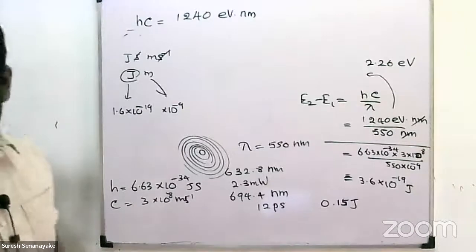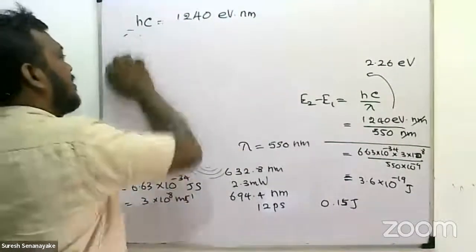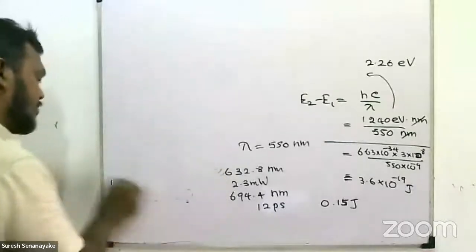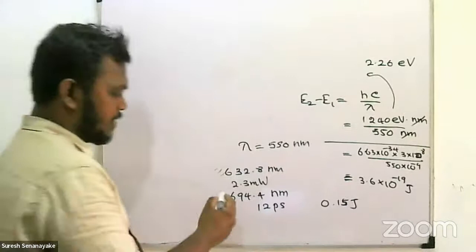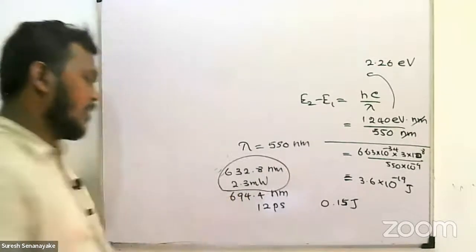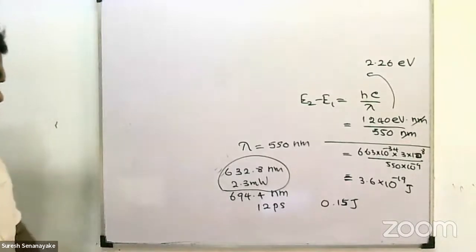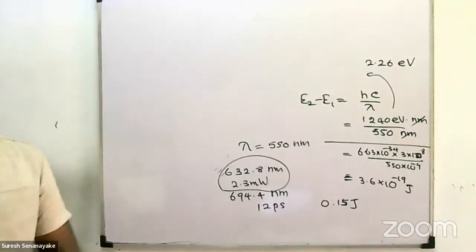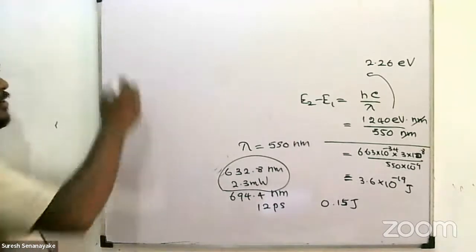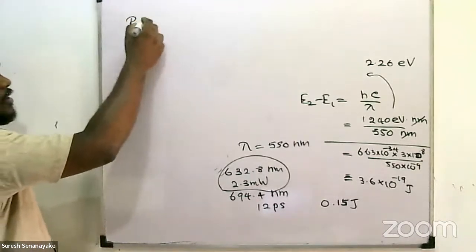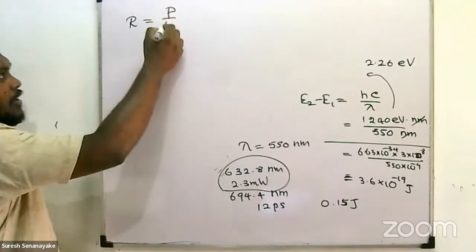That was the first. Next, the rate of photons. These are the values given: 2.3 milliwatts. The photon rate, what is the rate of photons emitted, I can take as R. It is the power divided by the energy.